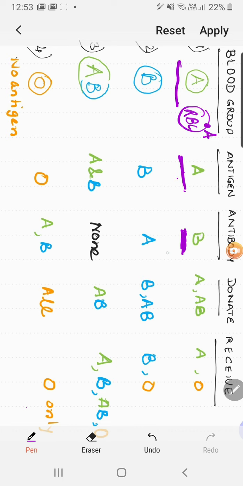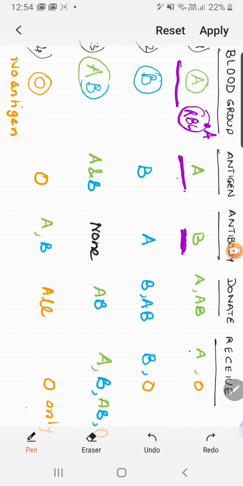Obviously, a person with blood group A can donate to A, that's the same match, or can also donate to AB, because in that case at least one A would be able to identify the A you are transfusing in. So nothing is there which is not recognized, and there will not be formation of any antibody in this case, right? So A and AB, these are the two groups to which blood group A can donate.